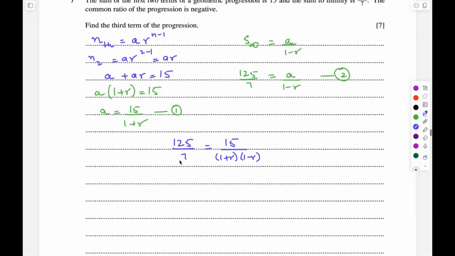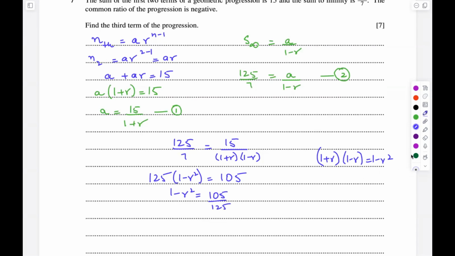So cross multiplying, this becomes 125, and 1 plus r into 1 minus r, using the algebraic identity, becomes 1 minus r squared. So 125 into 1 minus r squared equals 7 into 15, which is 105. So 1 minus r squared is 105 upon 125.